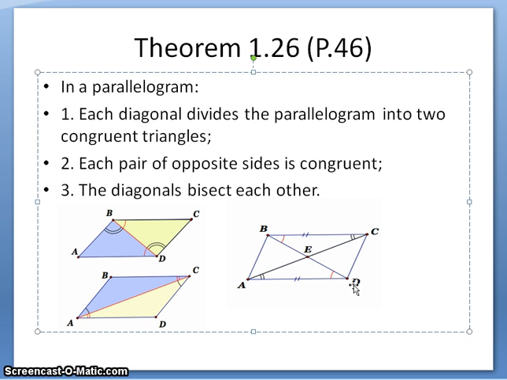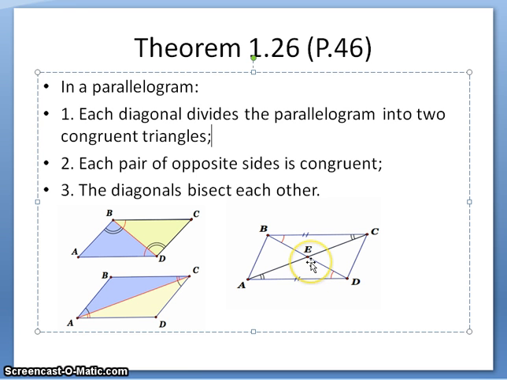If we can prove two congruent triangles, let's find a triangle which has BE as a side, and another triangle which has ED as a side. For example, the top small triangle and the bottom small triangle, BEC and DEA. Can we prove that they are congruent?